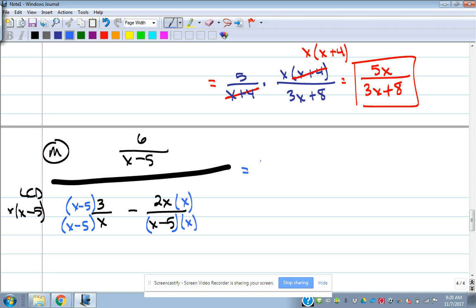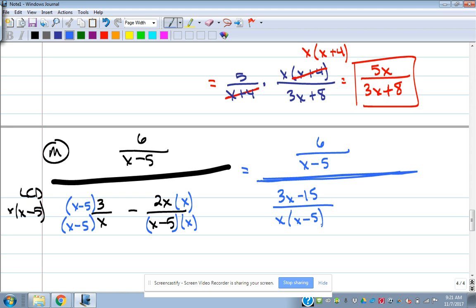So that's going to give us the top part being the same. Bottom part, 3x minus 15 over x minus 5, minus 2x squared over x minus 5.